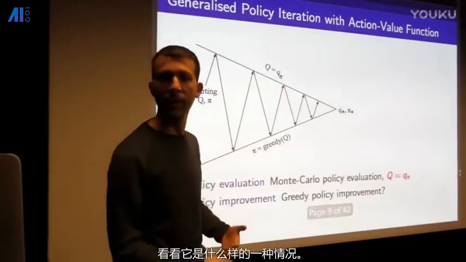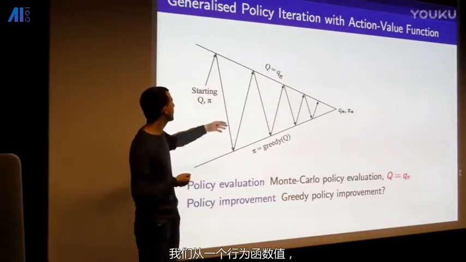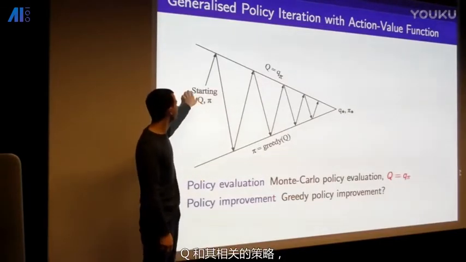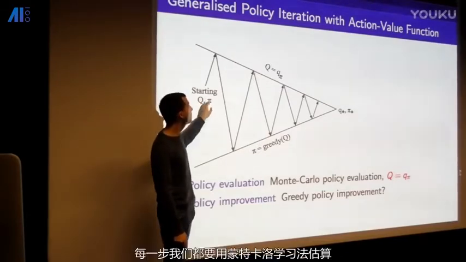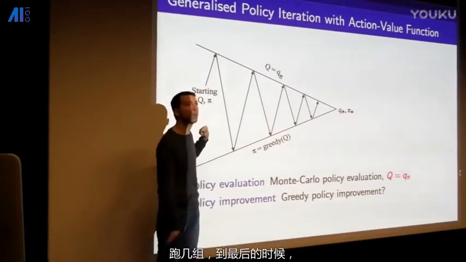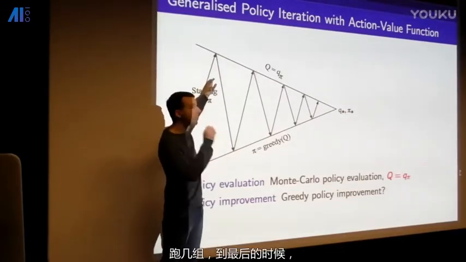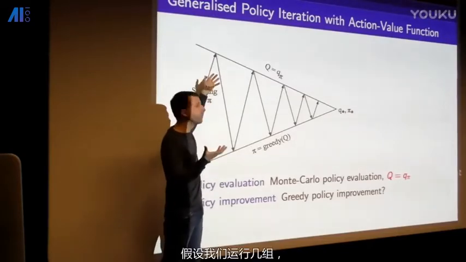So what would that look like now? The proposal is an algorithm which looks like this, where we start with a Q value function now, an action value function, and some policy. Every step we do Monte Carlo policy evaluation: run a bunch of episodes. At the end of those, we've got some estimate of Q pi.